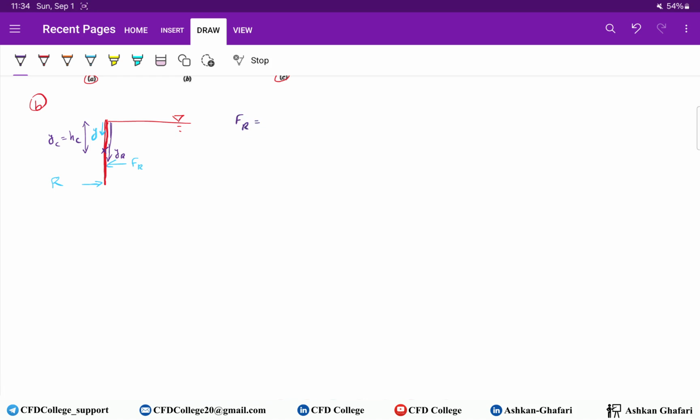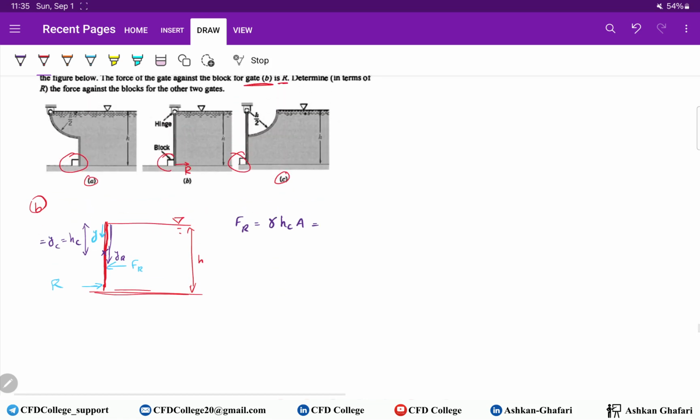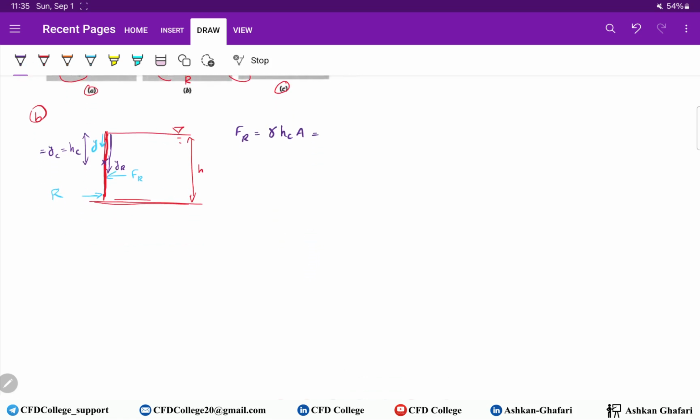Fr equals gamma hc and the area. Since it's a rectangular gate, and if this is the ground, the depth is h. So hc equals h over 2, so gamma times half of h times the area, which is h times b, the width.